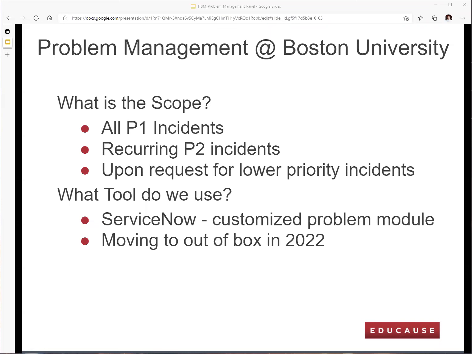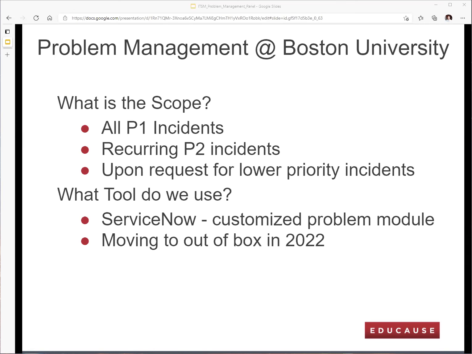And then we also use the problem practice for recurring P2 incidents. So if we keep seeing the same incident over and over, and we either have different root cause analysis or the same one, we know something's wrong, we will use the problem practice there. And we also will use problem management upon request for lower priority incidents.